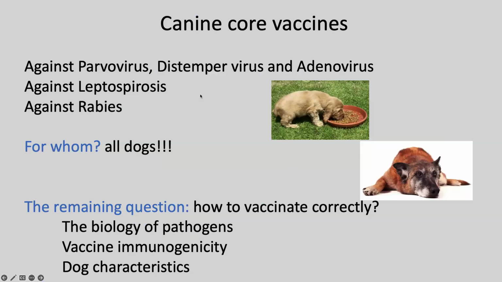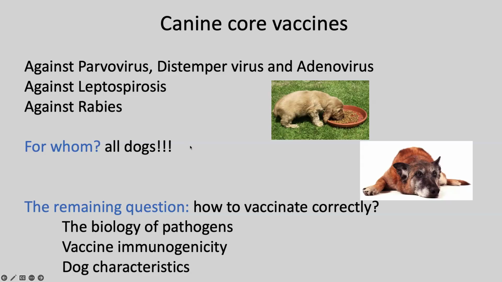For dogs, the core vaccines are parvovirus, distemper virus, and adenovirus with hepatitis. We also have vaccines against leptospirosis, and I think you're all aware that we also have vaccines against rabies. And the rule is really easy. When we ask who do we vaccinate, the answer is all dogs for the core vaccines.